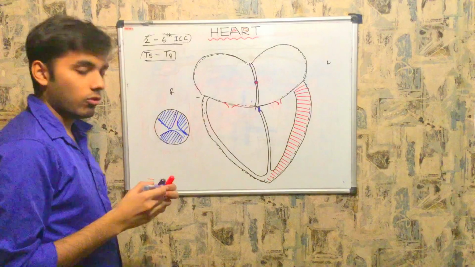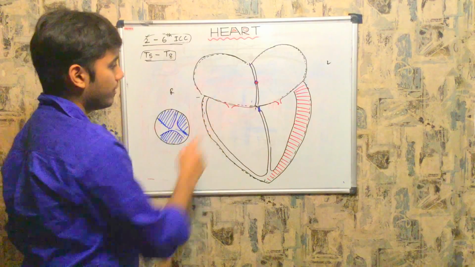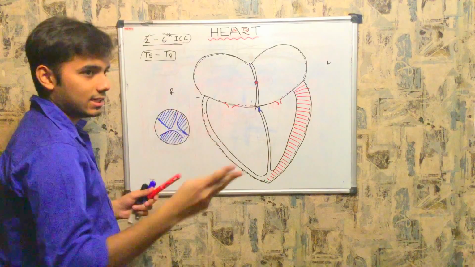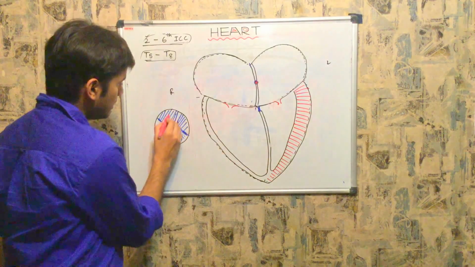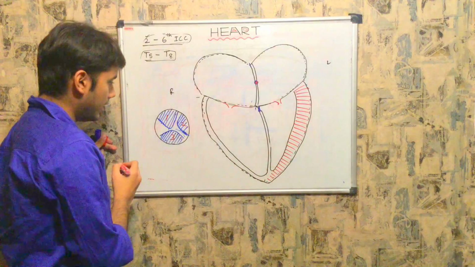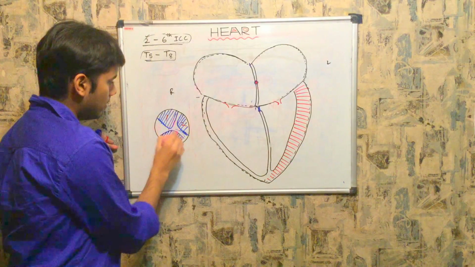This is your right side wall, I mean the right atrioventricular wall, also called the tricuspid wall. Here you can find 3 cusps or 3 walls. This is the first one, this is the second one, this is the third one, right? And this is the central aperture.